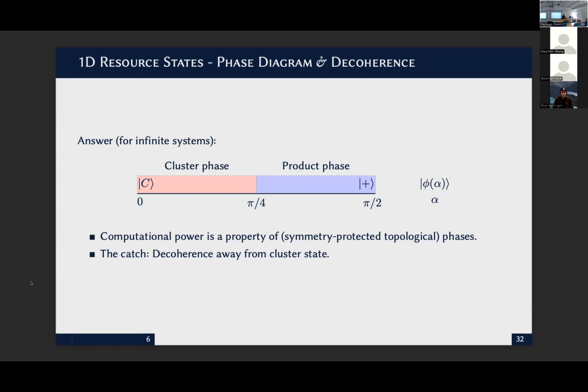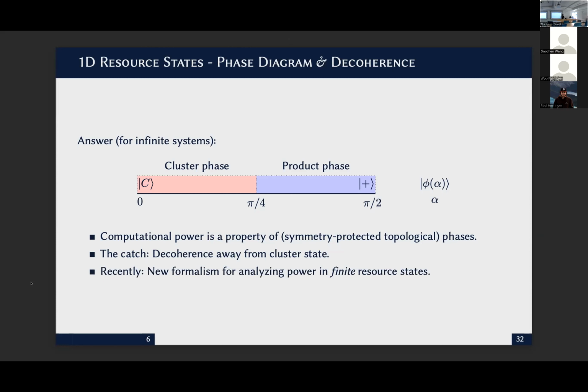Another objection might be that neither I nor you nor IBM has an infinitely large quantum computer in their backyard, and any quantum computation takes place in a finite setting. And this notion of phases is really something that only makes sense when you look at infinite systems.